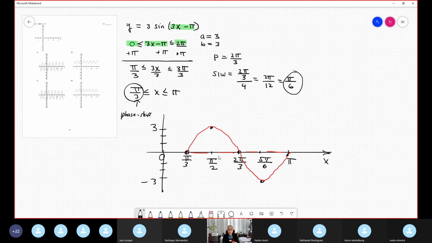You set out the inequality, copy the expression inside the parentheses of the sine, bound it between 0 and 2 pi, solve the inequality using elementary algebra, and determine the phase shift, pi over 3, and the end of the period, pi. Divide into 5 points, the famous 5 points, 1, 2, 3, 4, and 5, and we connect them this way because we have no reflection. What do you think? Beautiful.